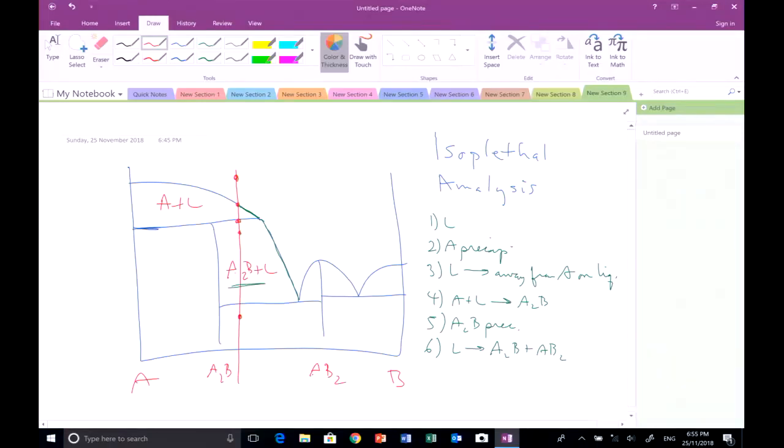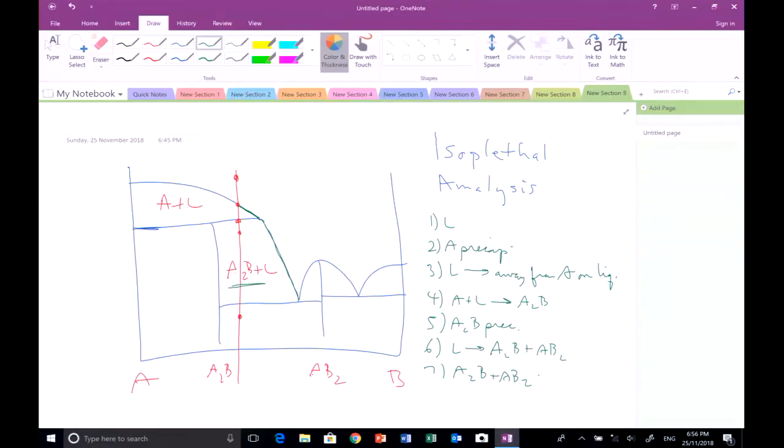Okay. So at the end of the day, I have A2B plus AB2. Okay? And that's an isoplethal analysis.